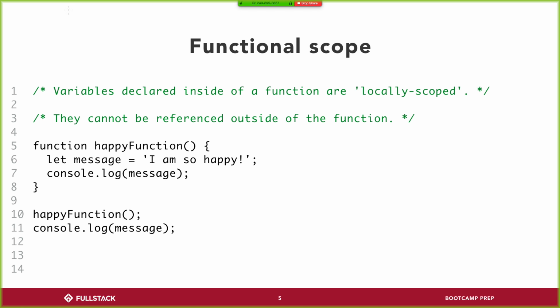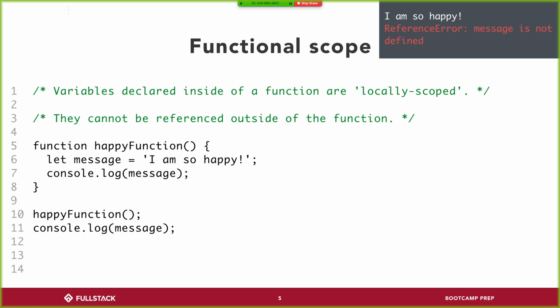There will be an error, but first it'll actually log the message, because we have let message equals I'm so happy, and then we log that when we call the function. So we will see I am so happy. But when we try to log the message itself, message doesn't exist outside of the function, so we'll run into an error.